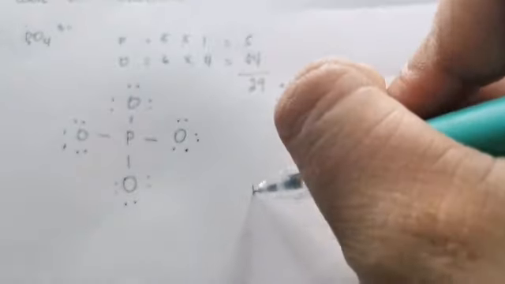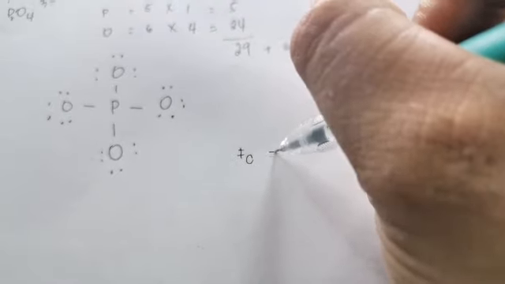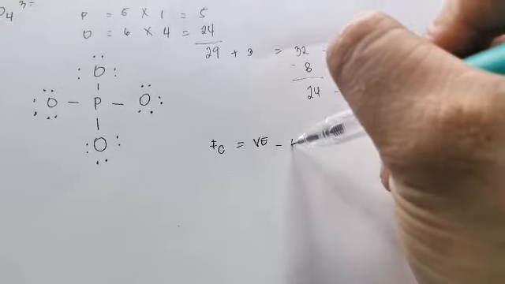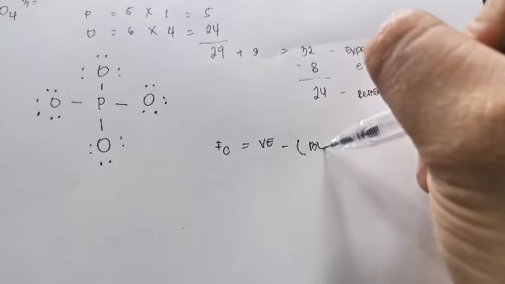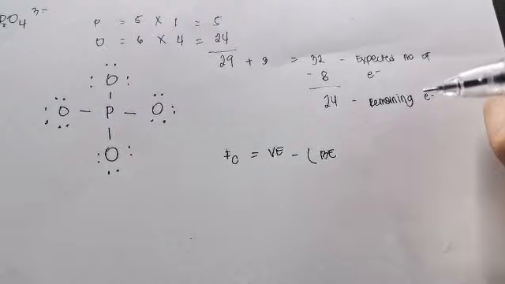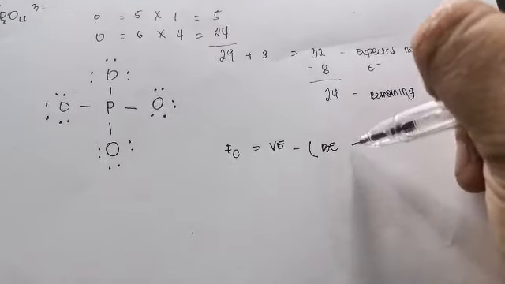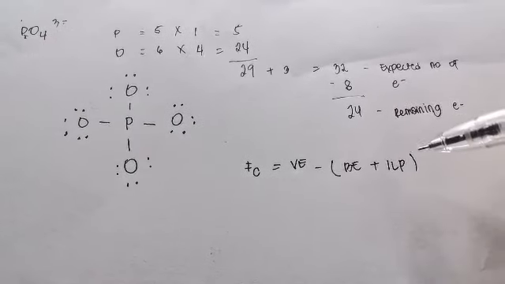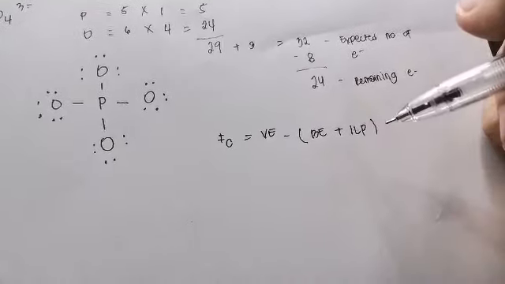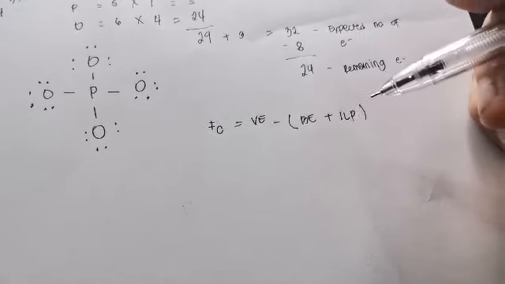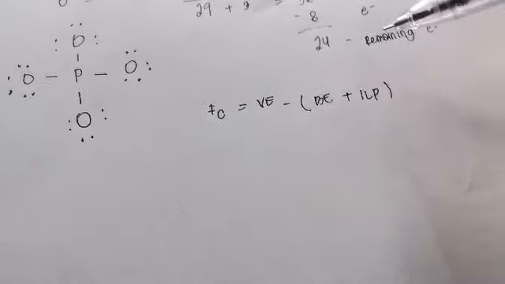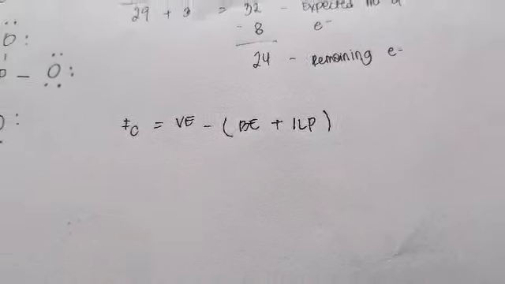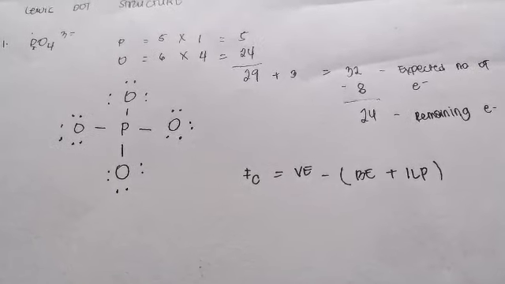So, formal charge is equal to the valence electron minus, open and close parenthesis, BE, or also known as the bonded electrons, plus the individual lone pairs, or ILP, or in some references, they are also known as the non-bonding electrons. Okay, so yan po yung gagamitin po natin na formula in order to get the formal charge.